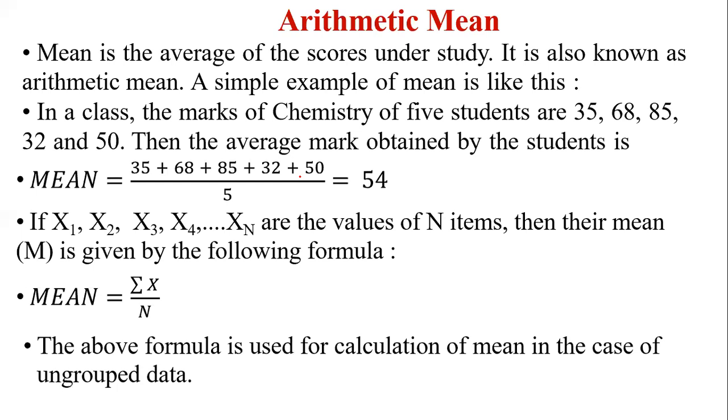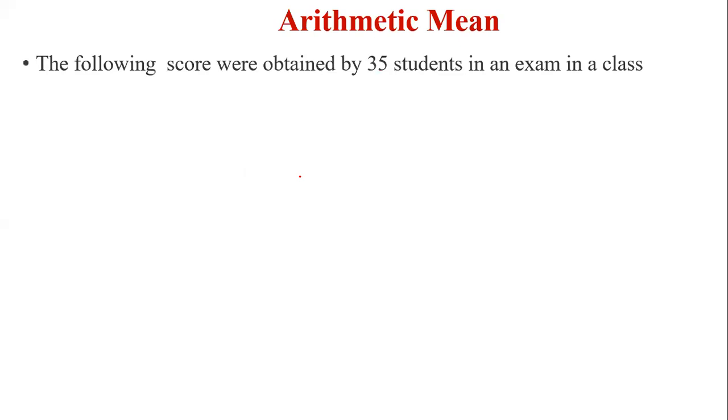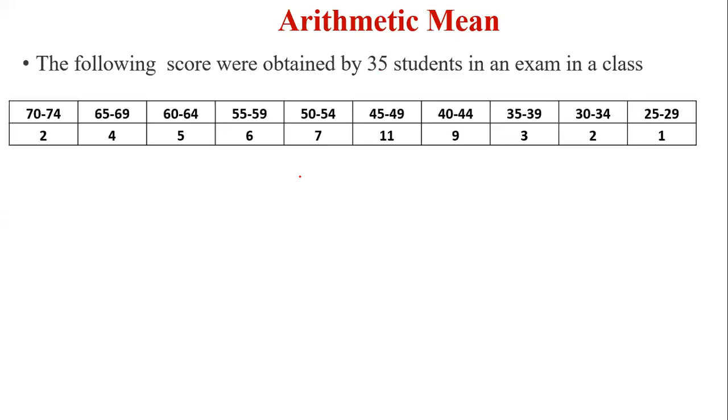The above formula is used for calculation of the mean in case of ungrouped data. But what if we have grouped data? Look at the scores here. There are supposed to be 50 students in a class, not 35.